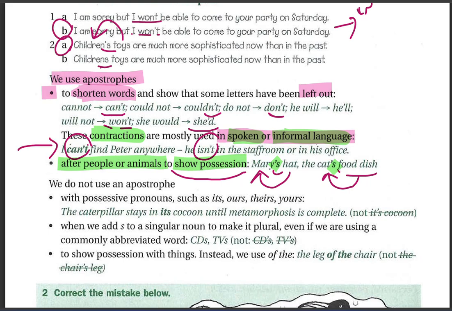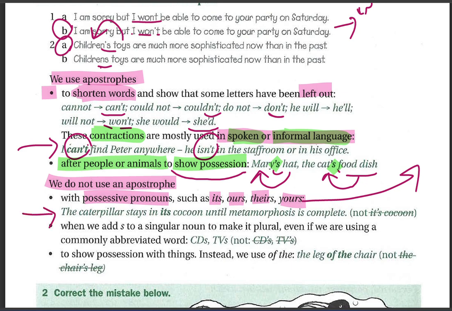Great. Now let's see in which situations we don't use an apostrophe. 1. With possessive pronouns such as its, ours, theirs, yours. They are possessive. They show the belonging. So you don't need to add any apostrophe here. So look at the example.